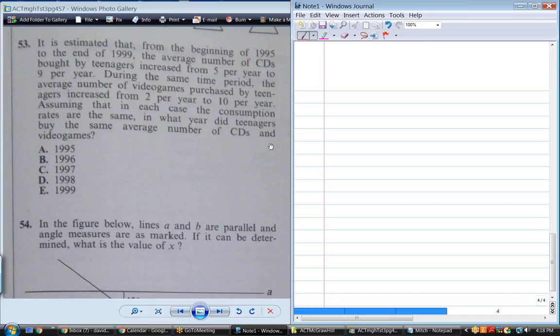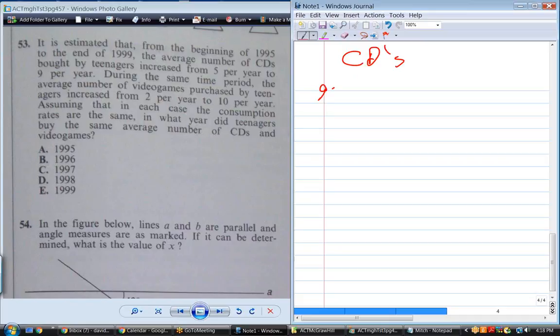Okay, what's a good way to begin here? Well, let's look at the CDs. They tell us that it increased from 5 per year to 9 per year.